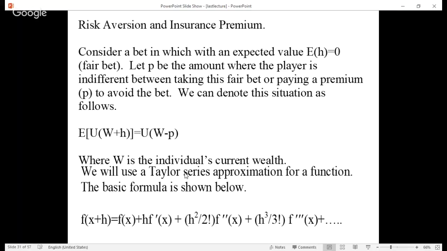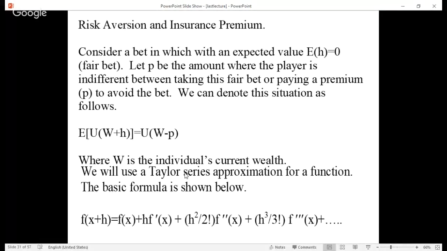I'll take f of x, plus h times f prime of x, in other words, h times the first derivative, that first change in x, plus h squared divided by 2 factorial times the second derivative of f of x, plus h cubed divided by 3 factorial times the third derivative, and then you can just keep going.